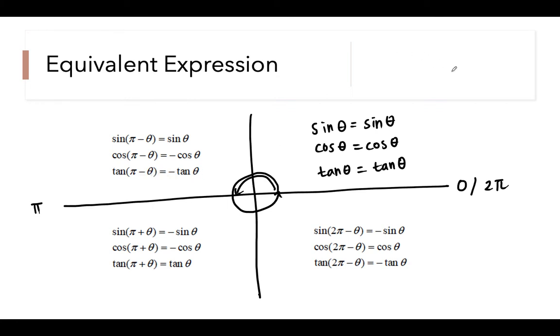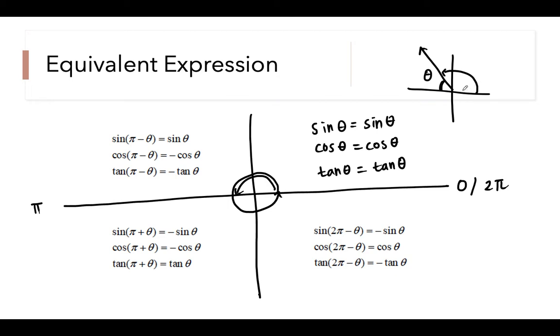Let's say I have a terminal arm over here. To find this angle, theta always represents the related acute in this case. So if I have, for example, cosine, all you need to do is find this related acute, which is always 180 degrees, a straight line, minus my principal angle.